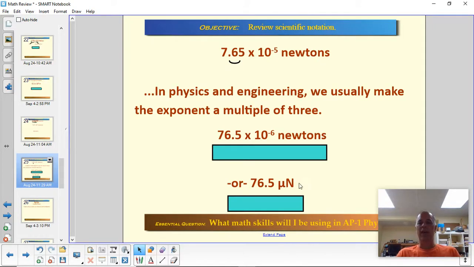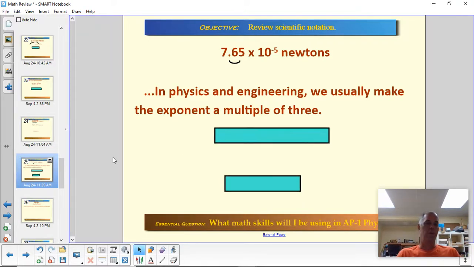So if we're doing a calculation which is all in micronewtons, we can just use numbers between 1 and 1,000, and the math becomes fairly simple and straightforward, and we don't even have to mess with the exponents anymore. Now, if there's one thing that physicists are, it's lazy, and so are engineers. So this just saves us work and makes things simpler for us. And it allows us to use that relatively short list of prefixes which you saw in the last review video.